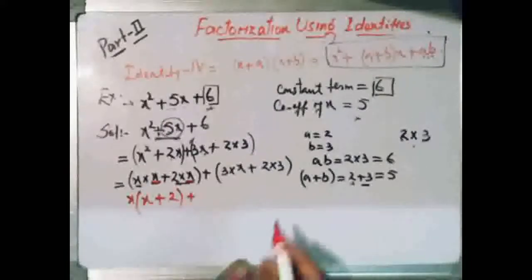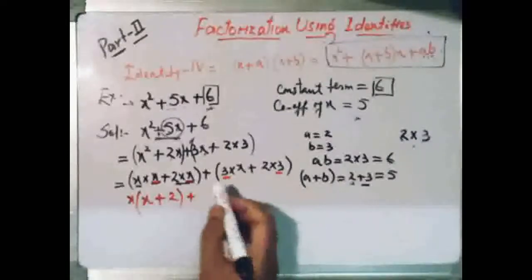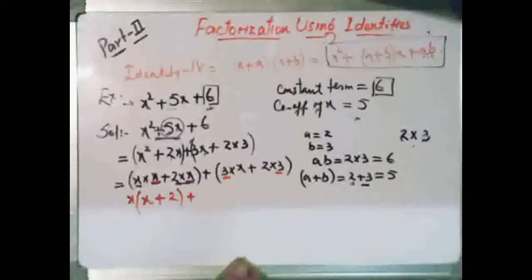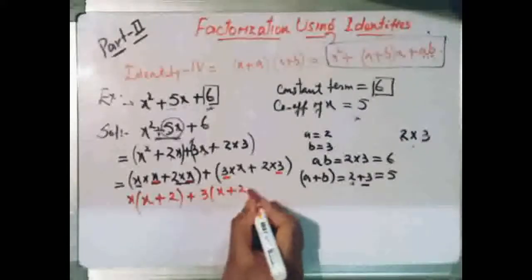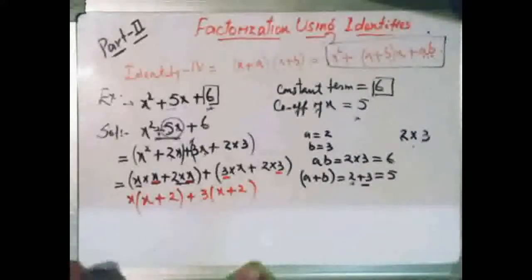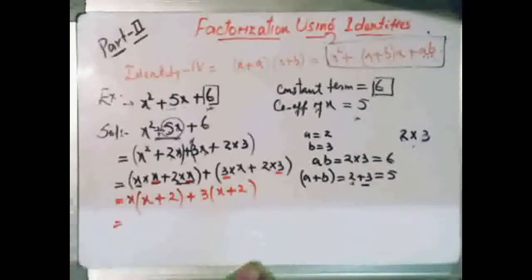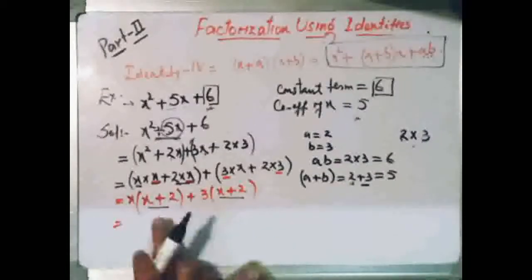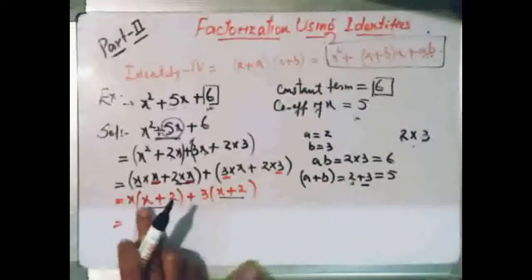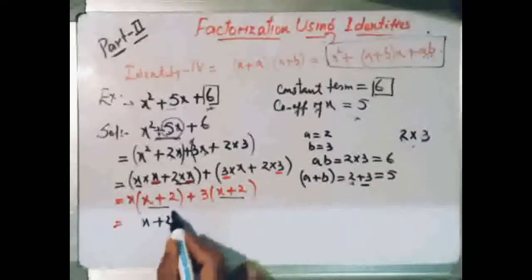Then here you can see 3 is the common factor. We can put it like 3 into x plus 2. Now x plus 2 and x plus 2 are common factors of both groups, so we can take this as common.